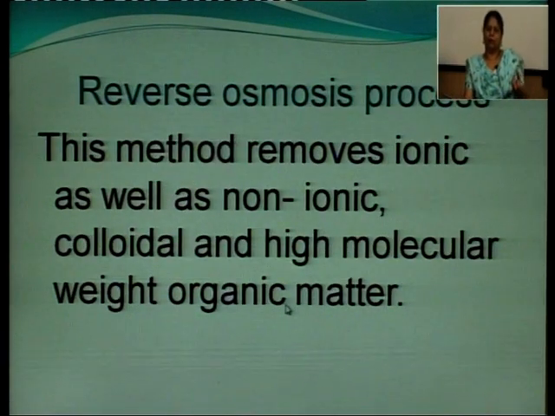Now, in order to overcome these drawbacks, we have another method, the reverse osmosis process. This method can remove ionic as well as non-ionic, colloidal, high molecular weight organic impurities also.